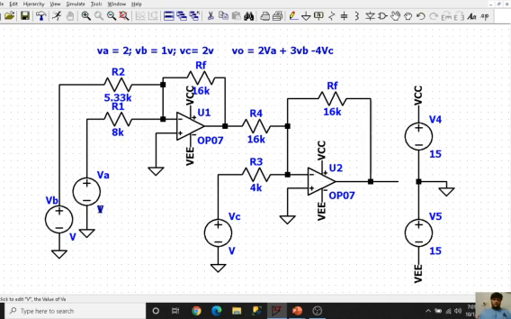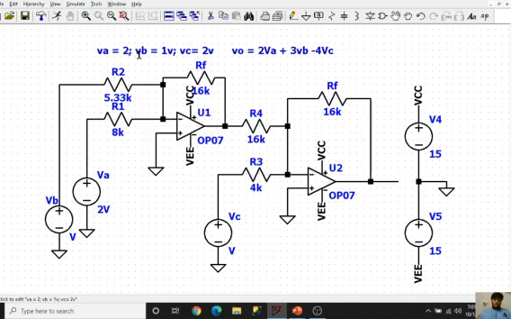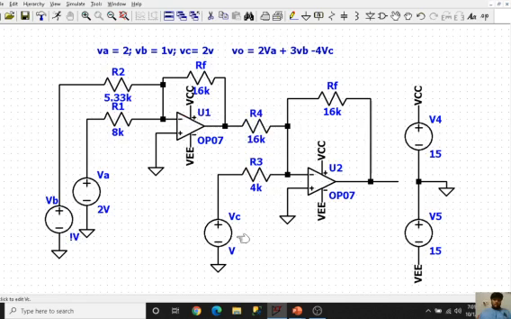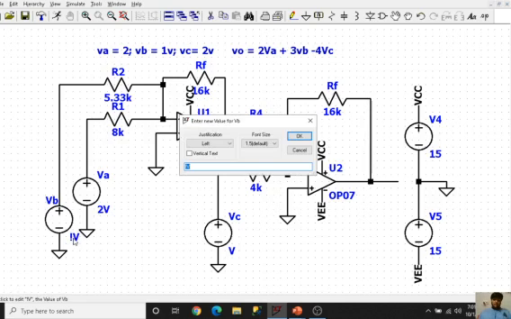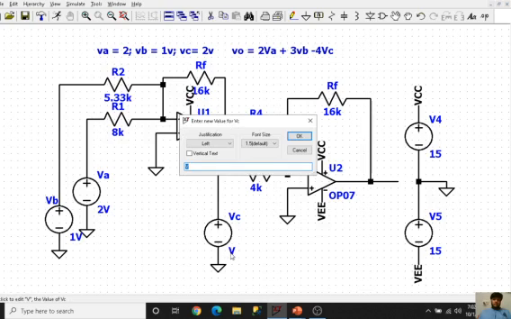VA is 2 volts, so this will be 2 volts. What is my VB? 1 volt. Sorry, 1 volt. अरे ये क्या हो गया? 1 volt. Okay, so 2, 1 and 2 volts. Over here also 2 volts.